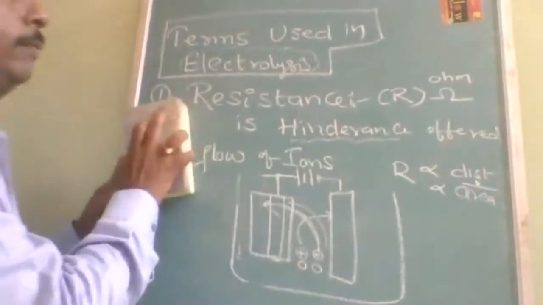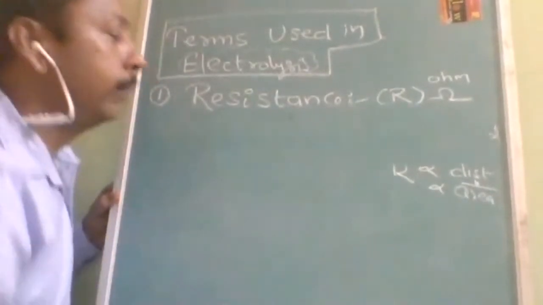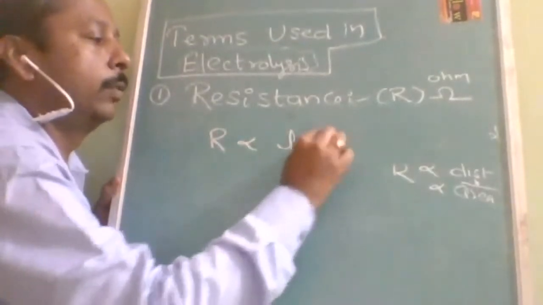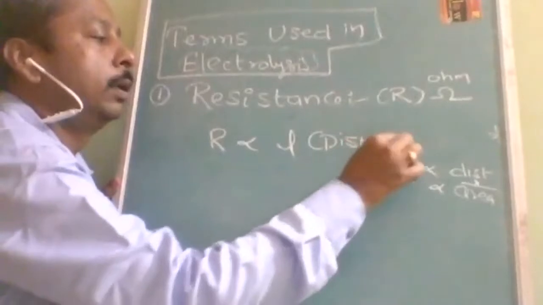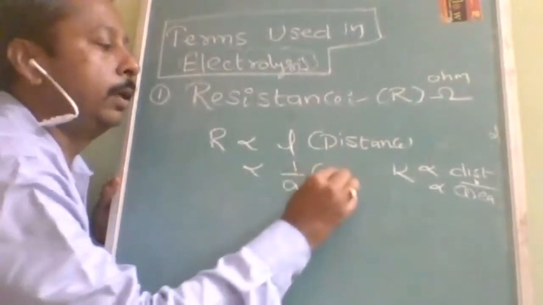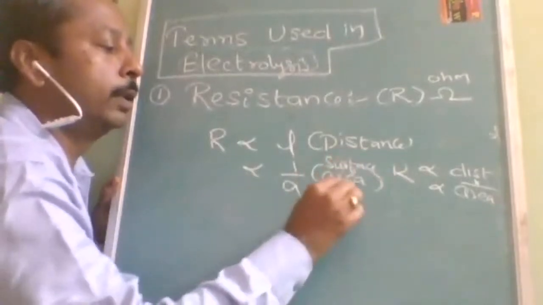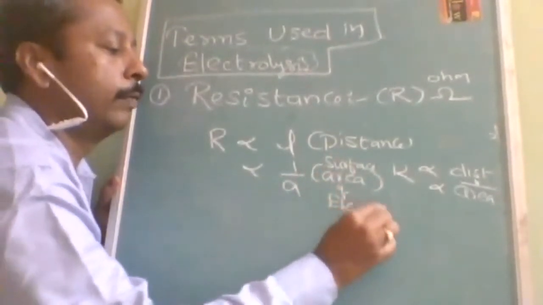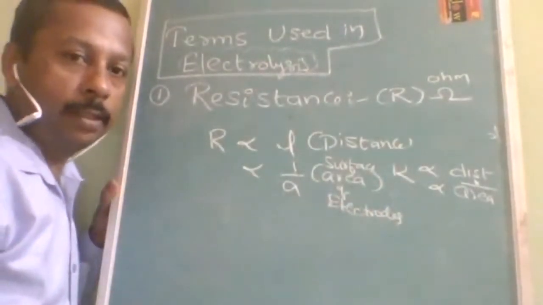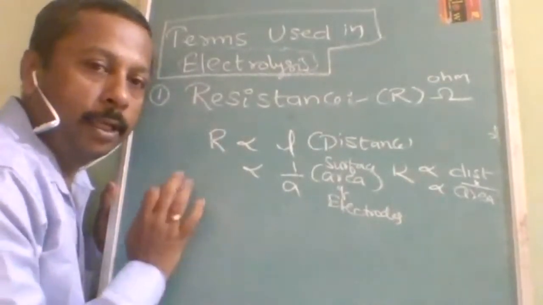Now, by using these two factors, we can write R is directly proportional to L, where L is distance, and inversely proportional to A, where A is the surface area of the electrodes. These are the two factors from the structural features of the electrolytic cell.